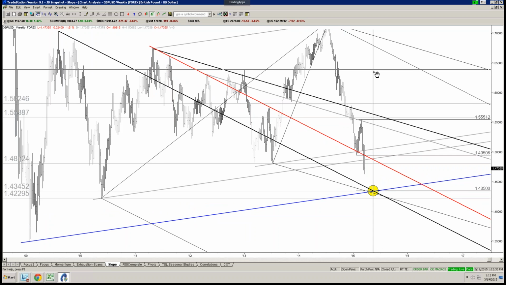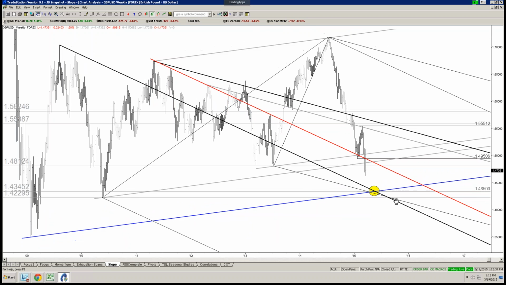I was kind of hoping that at the beginning of the week we'd get down to 43.50 and have a washout of sorts, and then be able to turn bullish on pound dollar and especially pound yen to take advantage of year-end effects in Japan.